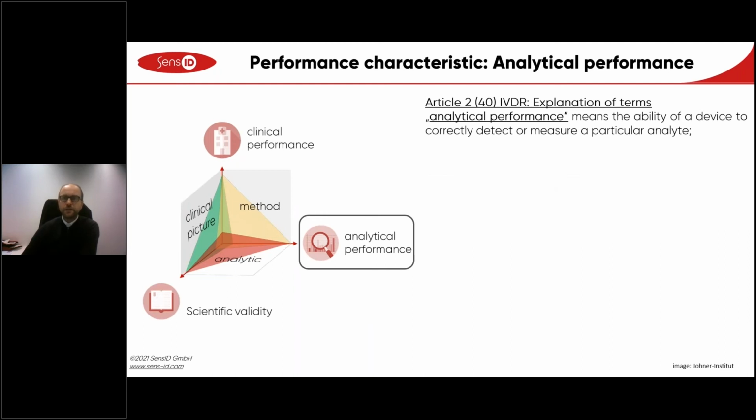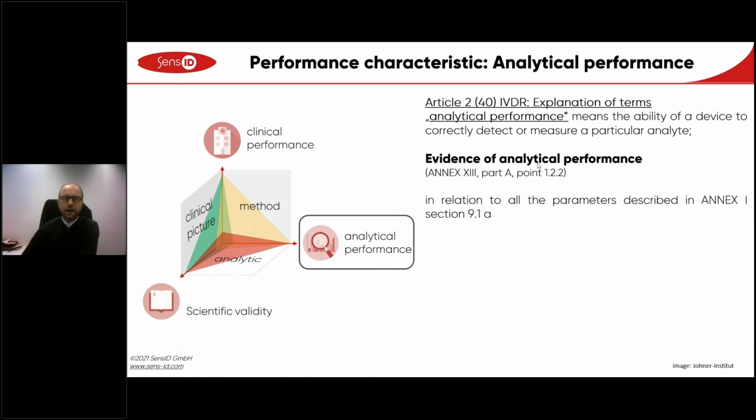So the next performance characteristic is the analytical performance, which means the ability of a device to correctly detect or measure a particular analyte. And how to show evidence of analytical performance? In relation to all the parameters described in Annex 1, Section 9.1a.